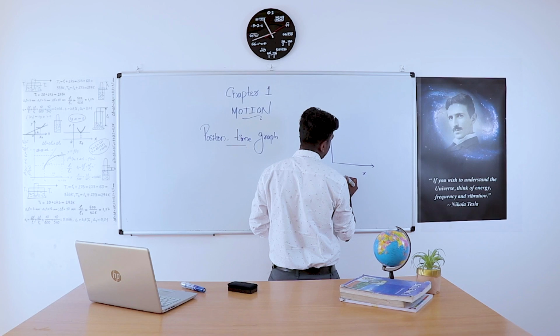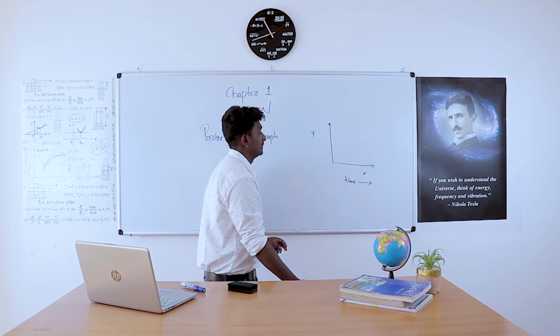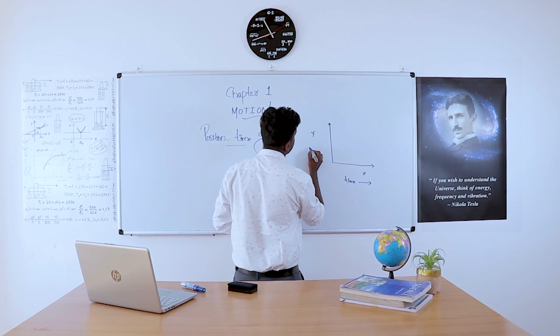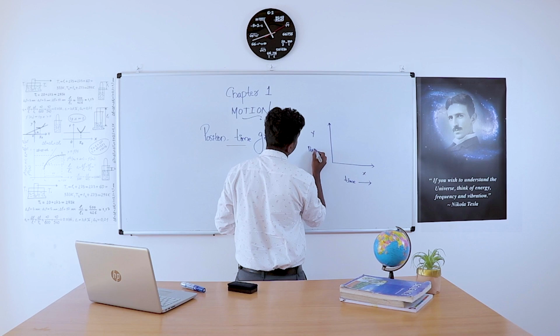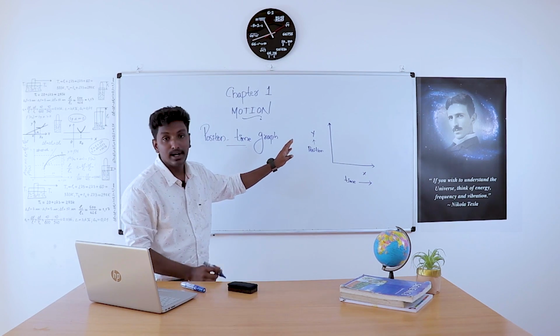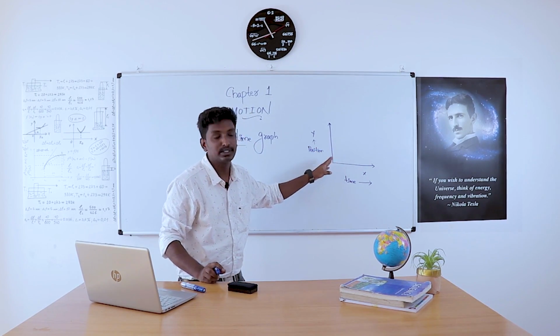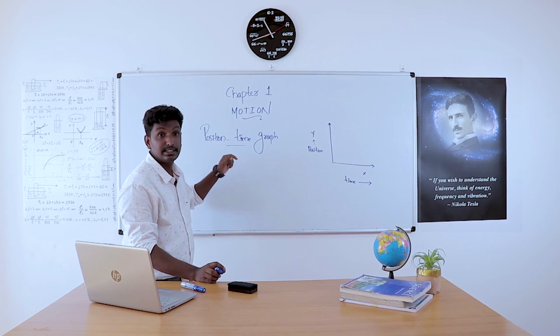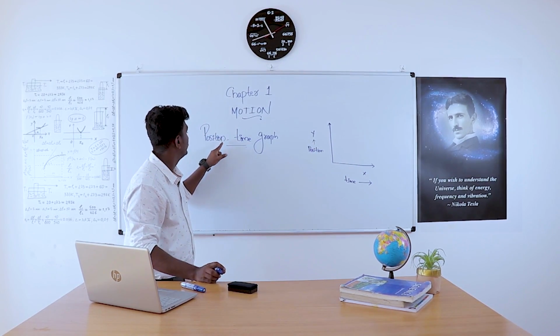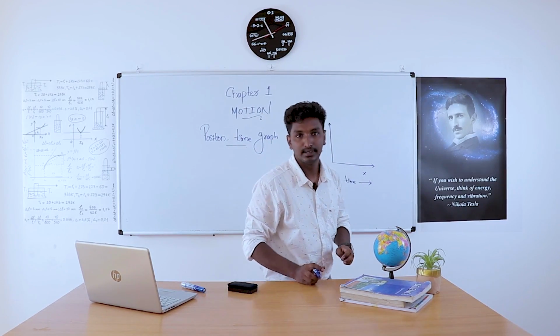In the x axis, we are representing the time. In the y axis, we are representing the position. Then from the values of position and time, we plot a graph. Thus the graph we get is the position time graph.